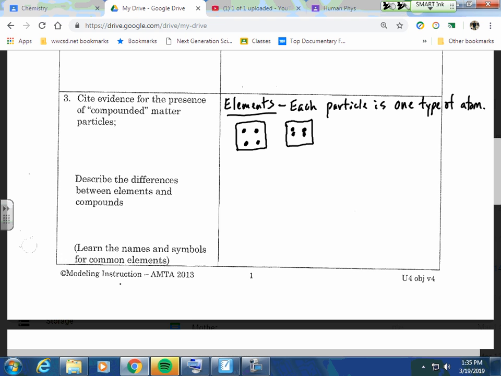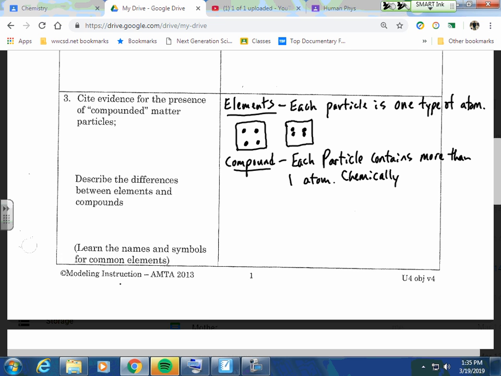But with compounds, if we look at each particle, there's more than one type of atom, and they're stuck together too, so we say they're chemically combined. They're stuck together by these things called chemical bonds.